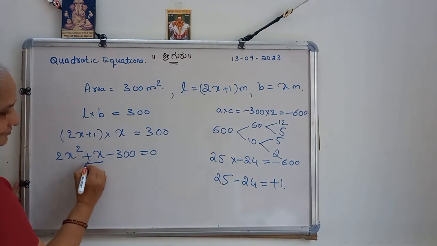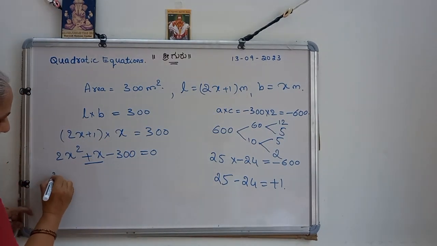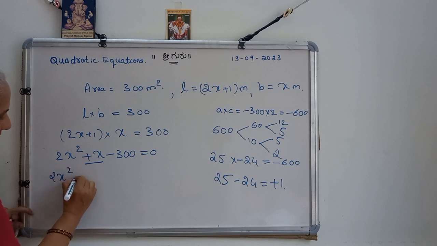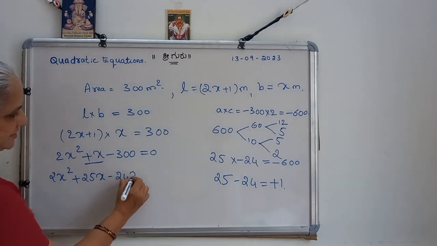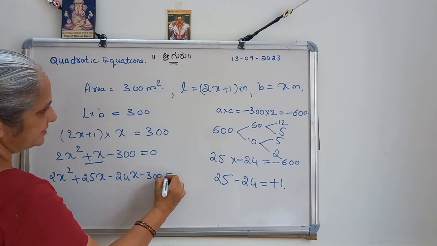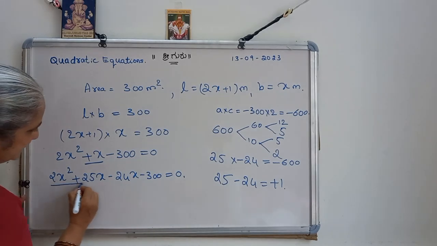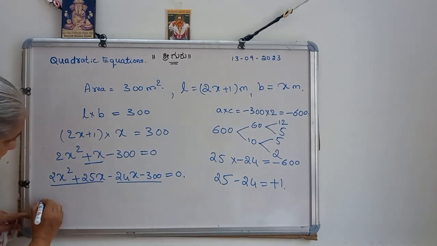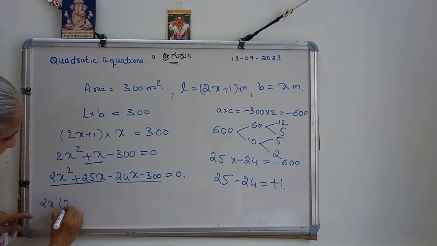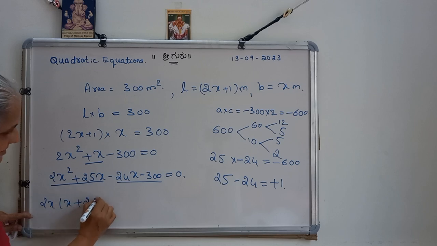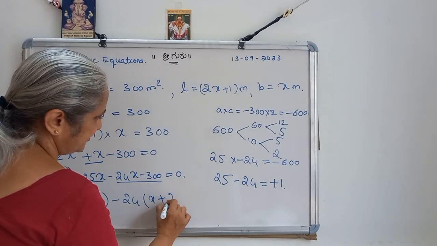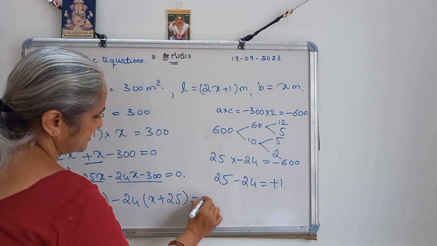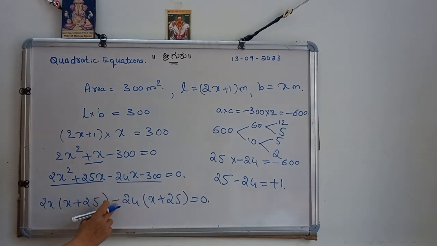This one, 1x. So by splitting the middle term, we could write 2x square plus 25x minus 24x minus 300 is equal to 0. By grouping the terms, we could get 2x into bracket x plus 25 minus 24 into bracket x plus 25 is equal to 0, because minus 300 divided by minus 24 is plus 25.